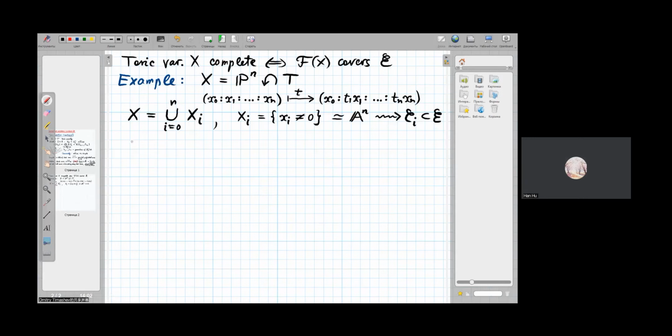So look at the coordinate algebra of this open subvariety Xi. It is generated as an algebra by affine coordinates on this Xi. The affine coordinates are the following: x0 over xi, x1 over xi, etc., xn over xi, where of course we skip the ith fraction.